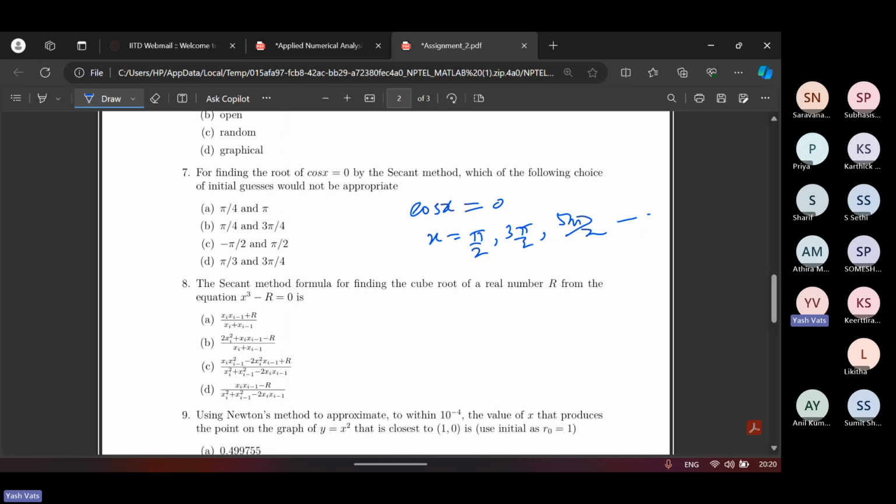Pi by 4 and 3 pi by 4: 3 pi by 4 is quite far. I think pi by 3 and 3 pi by 4. So which value should not work? Which initial guesses would not be appropriate? Minus pi by 2 and pi by 2 are directly giving the roots. So it's not good, right?